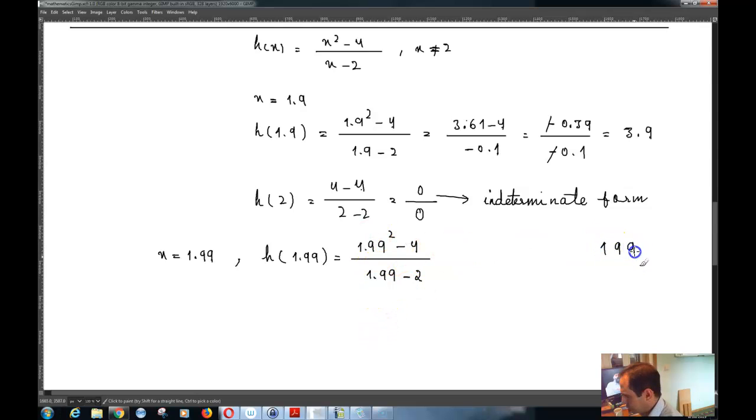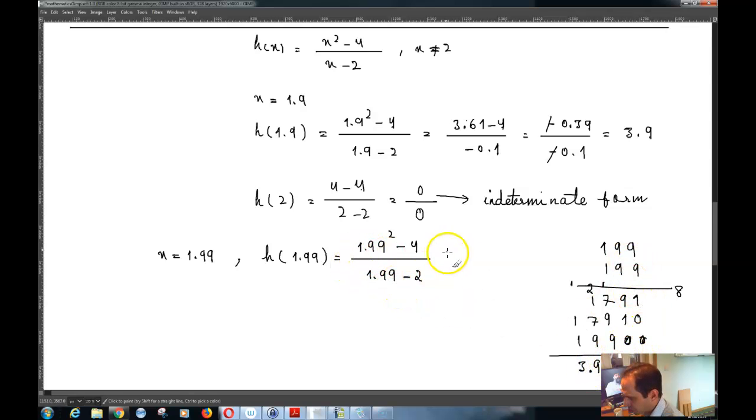So let's see, 199 times 199 is equal to 39601, and with 4 decimal places, you have 3.9601.